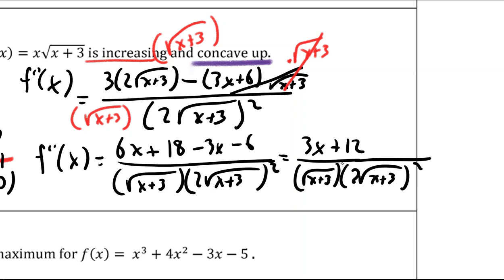But now that I've got the second derivative as a fraction, I can see that the numerator equals 0 at -4. So -4 is a possible point of inflection. The denominator equals 0 at -3 here or -3 here. So -3 is also a possible inflection point. That's the only two places the concavity might be changing.